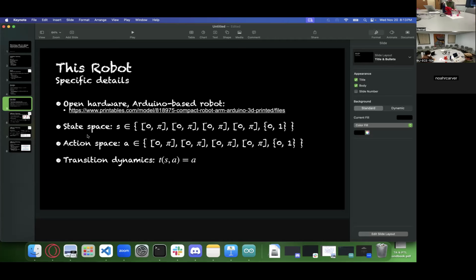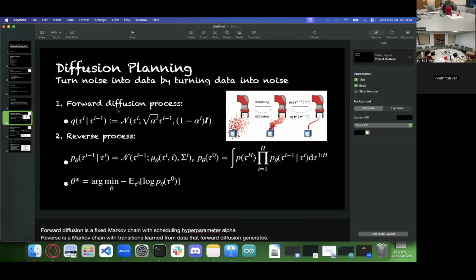So once I have this data set of a whole bunch of trajectories, I can add noise to it. I can take that distribution of trajectories and ruin it by adding noise to it.